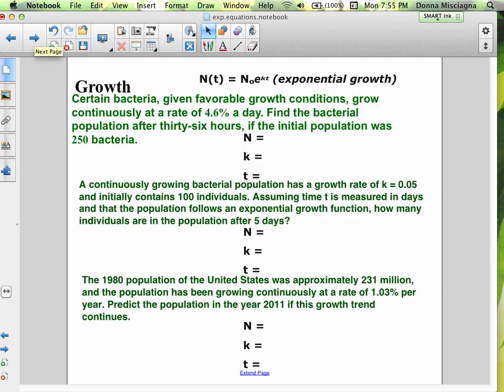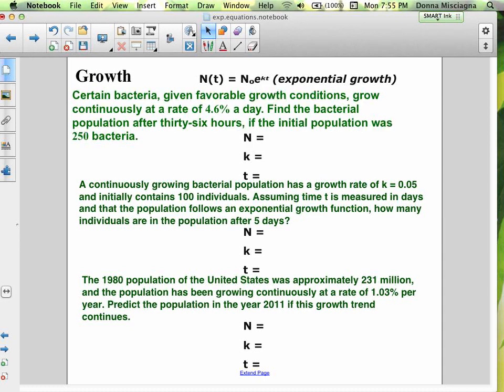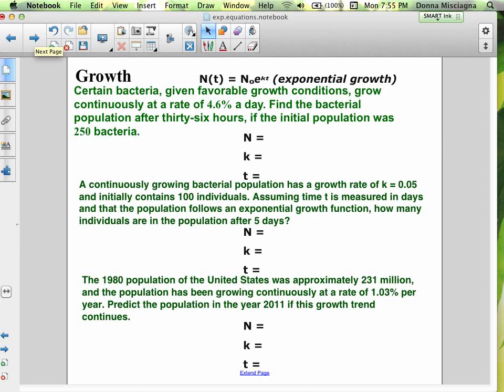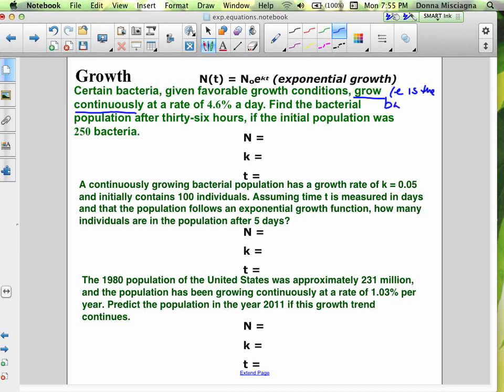All right, so certain bacteria, given a favorable condition, grow continuously. There's that word. As soon as you see grow continuously, that means e is the base, is the first thing you know, and k is positive because it's growth.